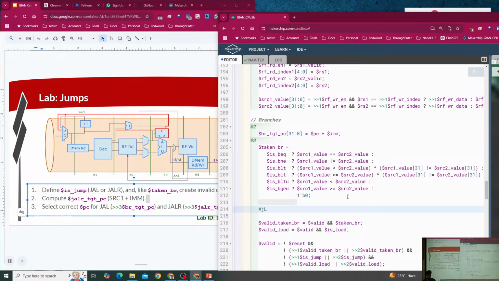JALR target PC, and that's going to be a 32-bit value, the source 1 value plus the immediate. Any questions about that?